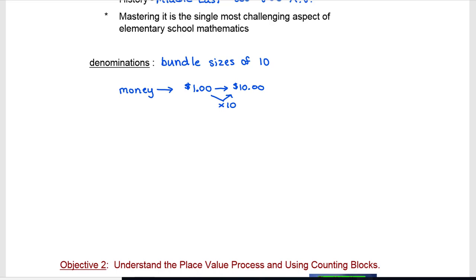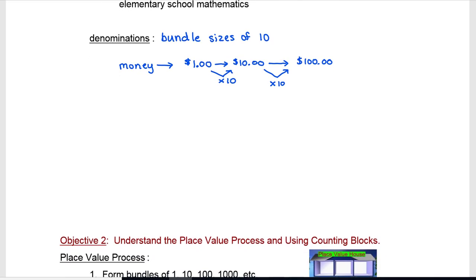So now we moved over in place value. If I take it times 10 again, I can exchange it for a $100 bill. So it gets kids to understand, well, as the one moves to the left, I increase in value, and it's in groups of 10.